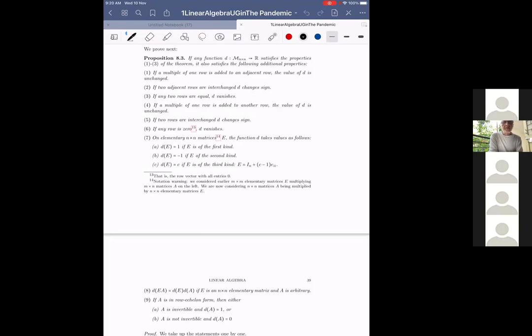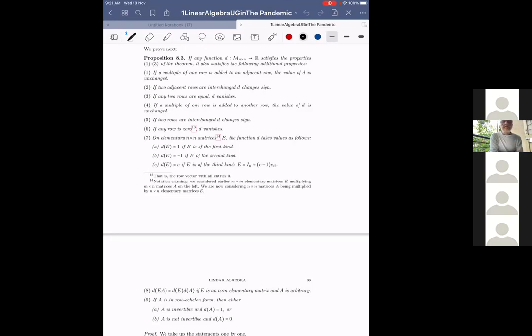So D is a function which has the property that if two adjacent rows are equal, D vanishes. And now part 3 of the proposition says if two rows are equal, whether they are adjacent or not, D vanishes. And now 4 is a strengthening of 2. It says if a multiple of one row is added to another row, even if they are not adjacent, the value of D is unchanged.